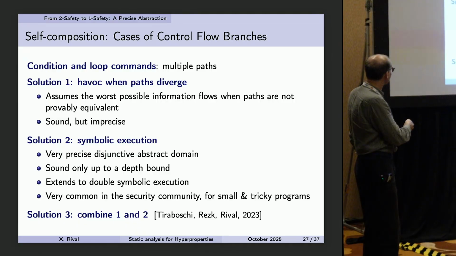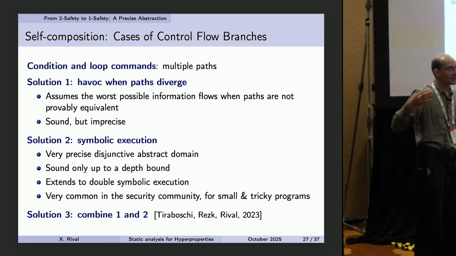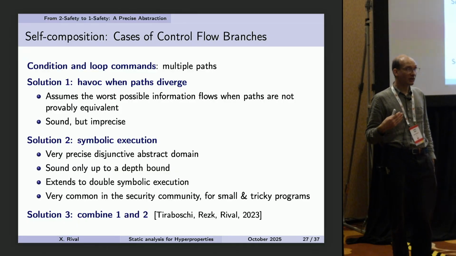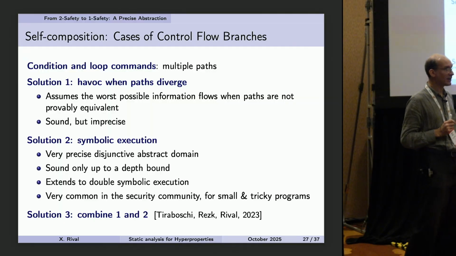The principle of symbolic execution is that you keep very precise information attached to each path, which includes the conditions for triggering the path, and also the precise relation between final and initial states of the path.